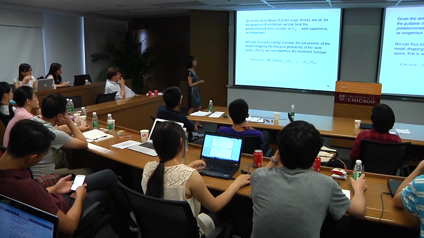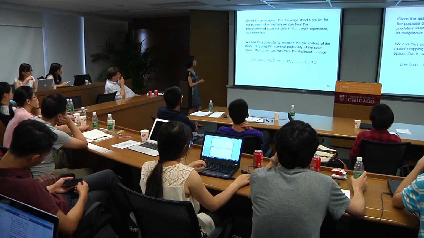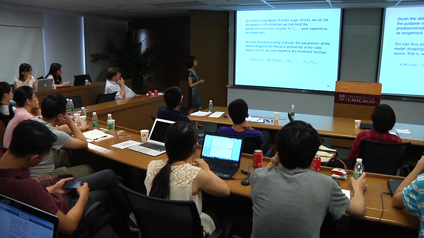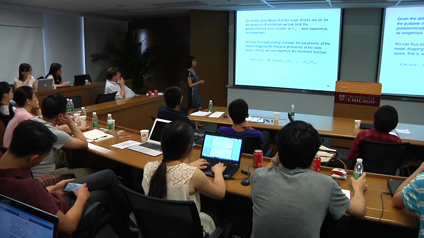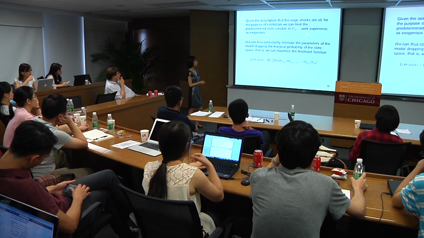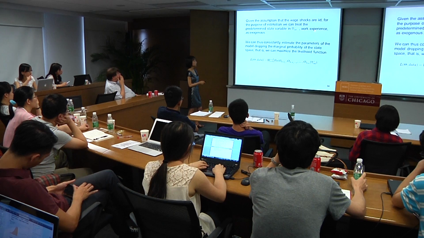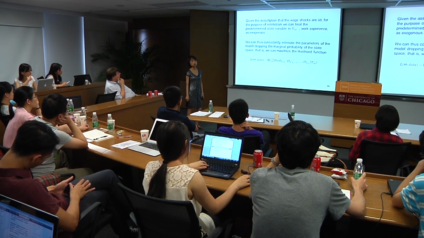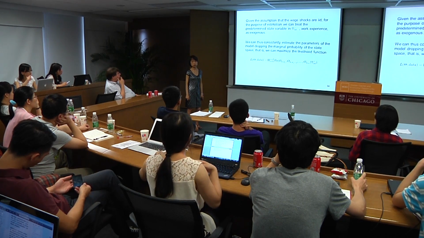Even if we assume that wage shocks are IID, for the purpose of estimation we can treat the state space at age 50 as predetermined. That is to say, work experience at age 50 we can treat as predetermined.